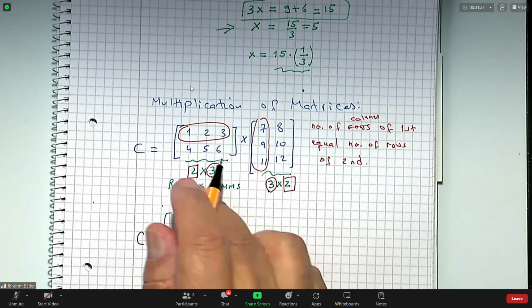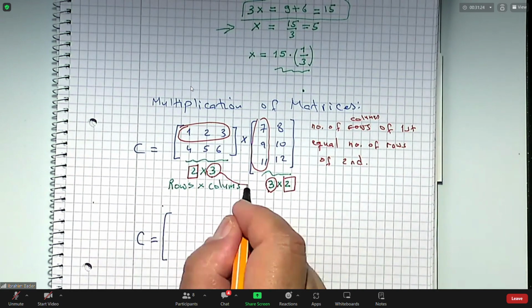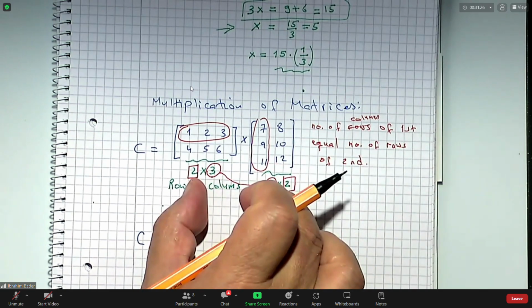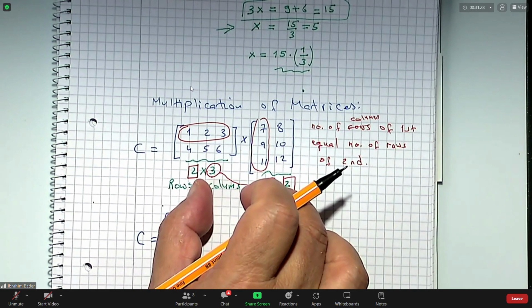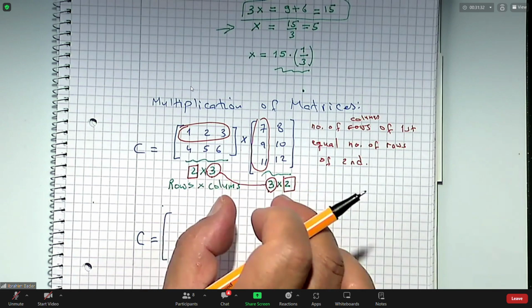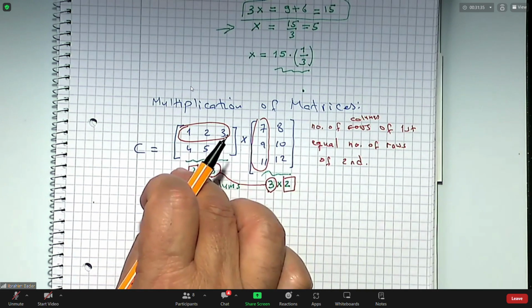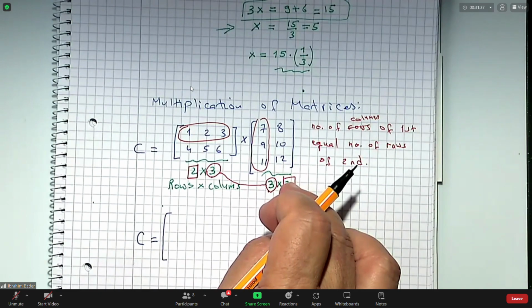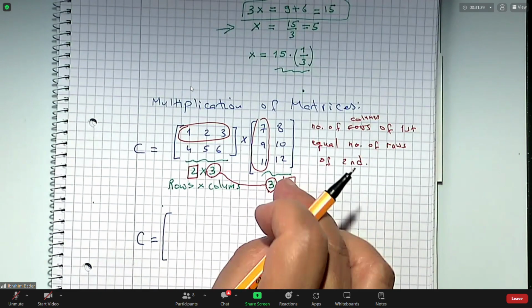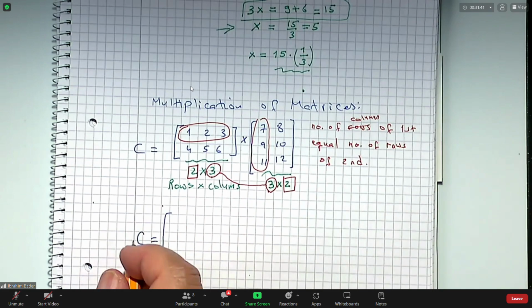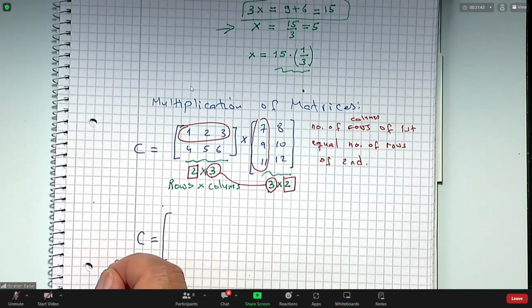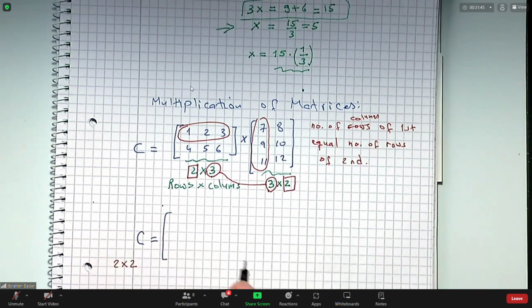So if you put the dimensions, you compare these inner values. If they are equal, then the multiplication is defined. If it's defined, then the outer values are the number of rows and columns in the outcome. So this one will be a 2 by 2 matrix.